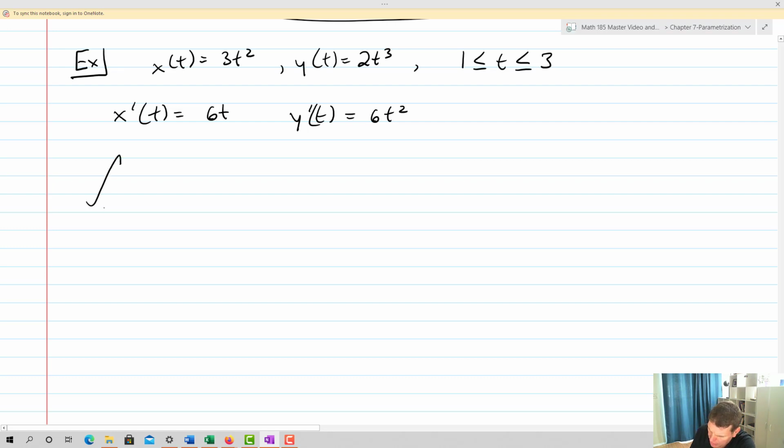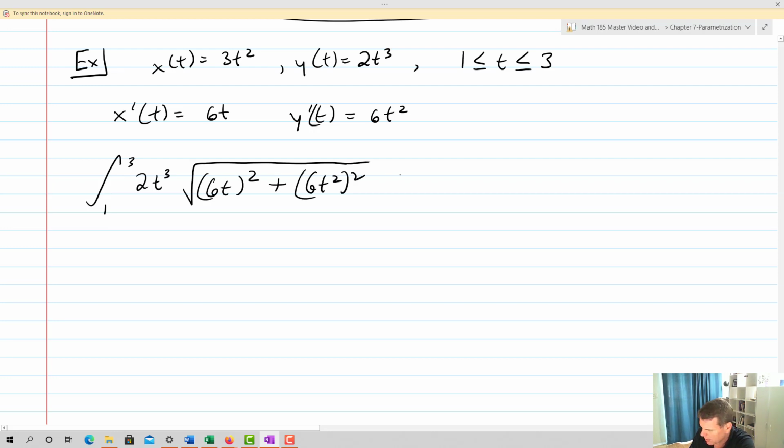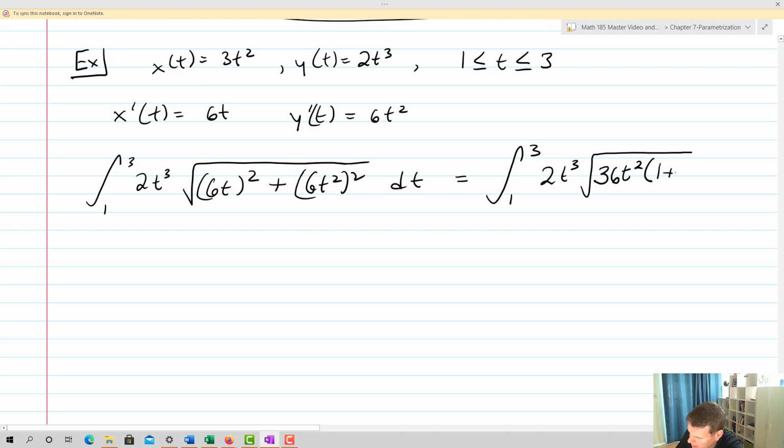So my integral is going to go from, not 0, it's going to go from 1 to 3, and it'll be y of t, so 2t cubed, times the square root of 6t squared plus 6t squared squared dt. So this ends up equaling the integral from 1 to 3 of 2t cubed times the square root, and this will be 36t squared times 1 plus t squared dt.